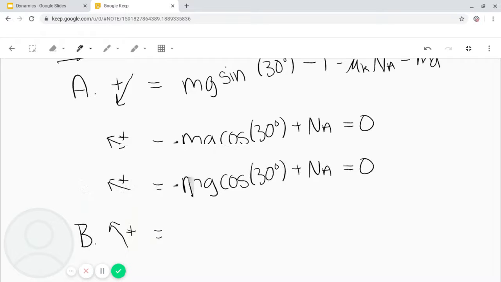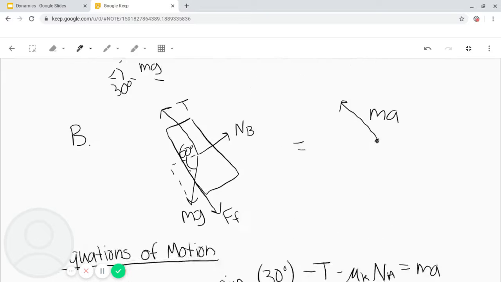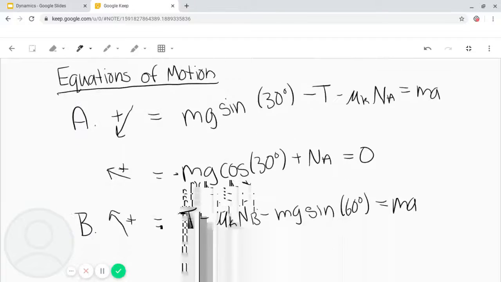So we have T minus the force of friction, which is mu_k N_B, minus mg sine of 60 equals mass times acceleration, which is our kinetic body diagram there.